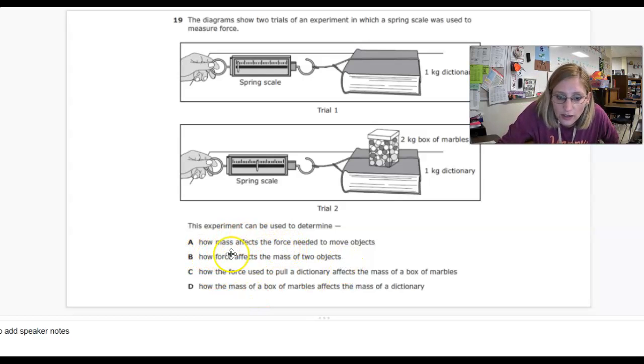How much affects the force needed to move an object? So what is this investigation telling us? A, how mass affects the force needed to move objects. Maybe B, how force affects the mass of two objects? Well, there's more than two.